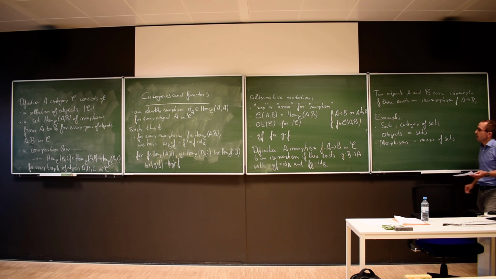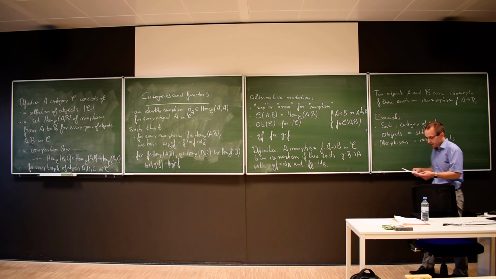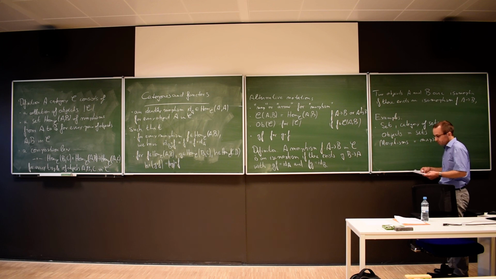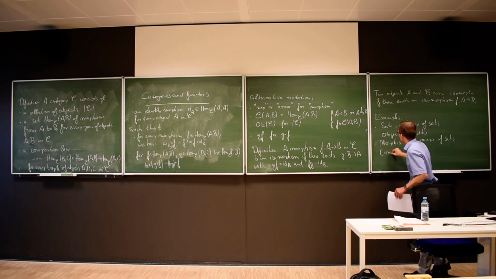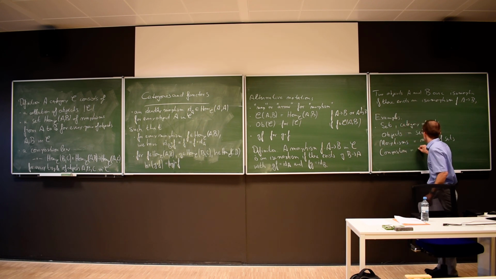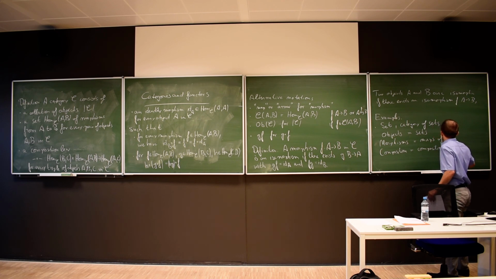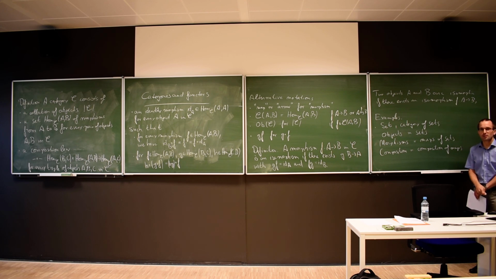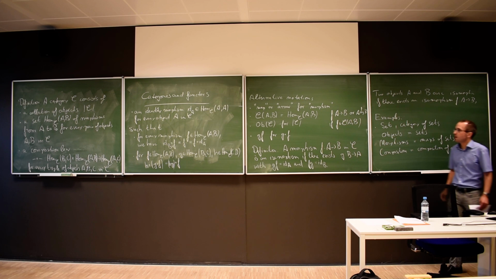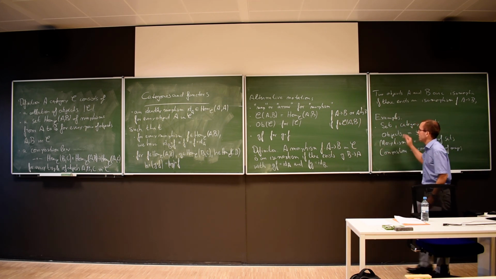So the morphisms are the maps of sets, and the composition, well, that's the usual composition of maps. The identity maps I don't specify explicitly because they are just the identity maps between sets that send each element to itself, but it may be worth noting what the isomorphisms are in the category of sets.